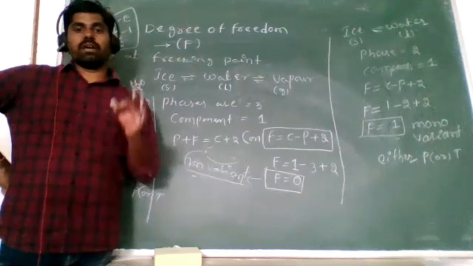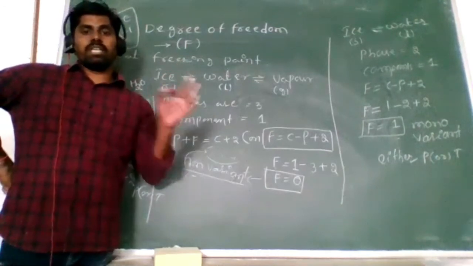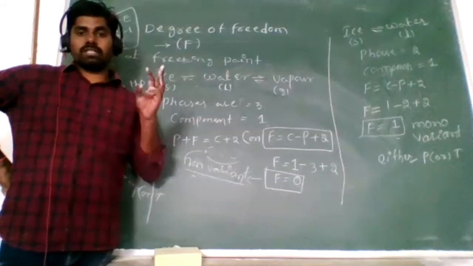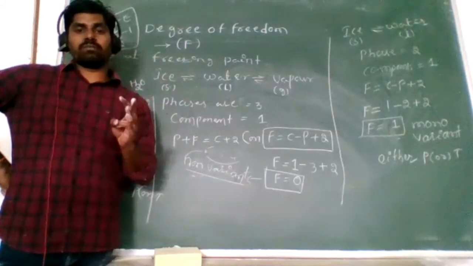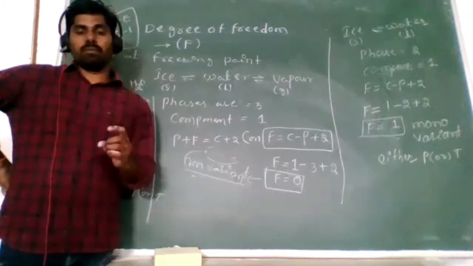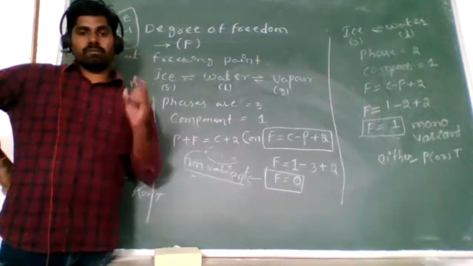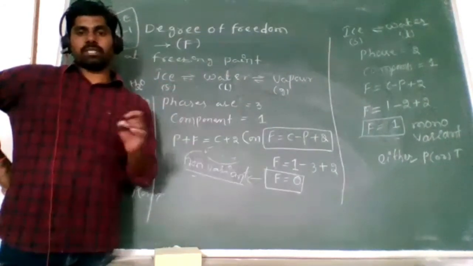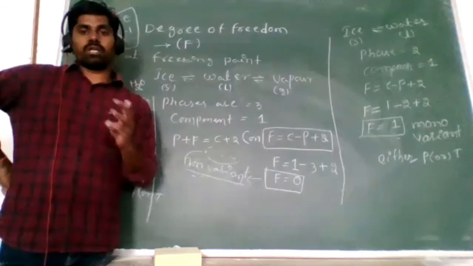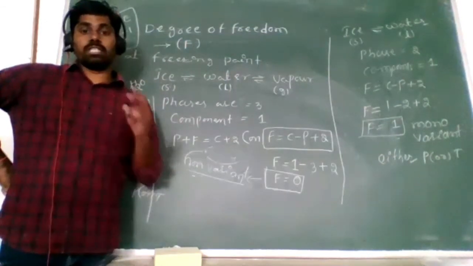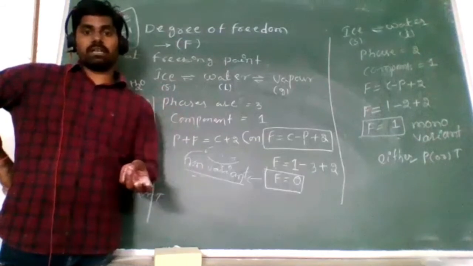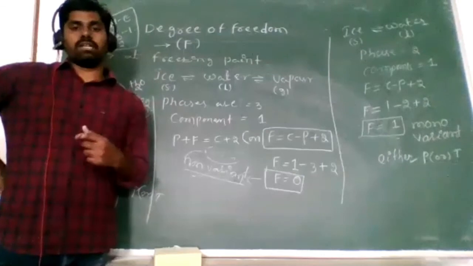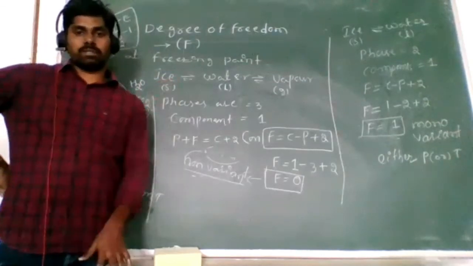That is the degree of freedom. Okay. The minimum number of independent variable factors such as temperature, pressure, concentration, which are to be specified to describe the system completely. That is called the degree of freedom.